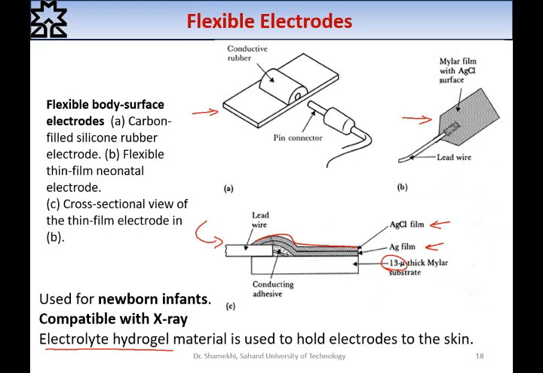It acts like an adhesive. And also this thin film electrode is suitable for, or compatible with, X-ray. In brand new thin film electrodes, we have some electrodes compatible with MRI also, and we use them for newborn infants because we don't want to detach the electrodes from the sensitive skin of newborn infants, for example during imaging.